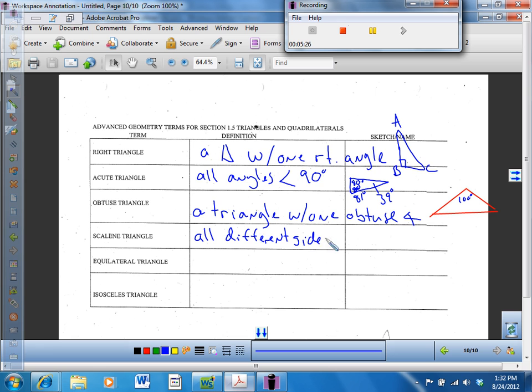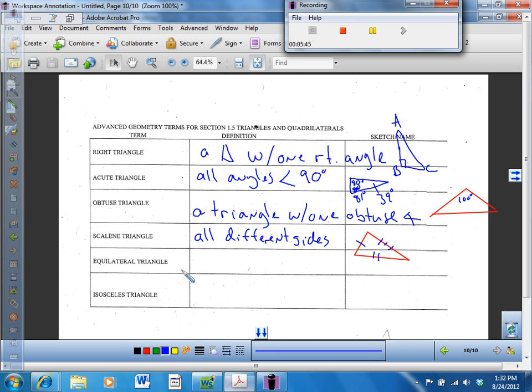One way you could indicate something being a scalene triangle is by drawing a triangle, and if it doesn't look like it's scalene, you could indicate it by putting 1 mark here and 2 marks here and 3 marks here. That way you can ensure that whoever looks at this knows that this side is different than that side, which is different than that side, right?